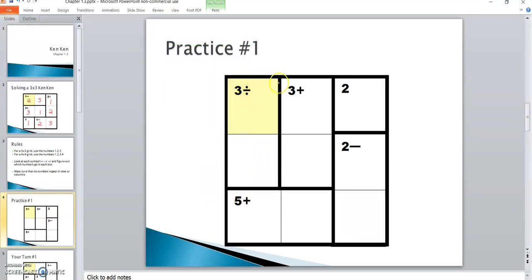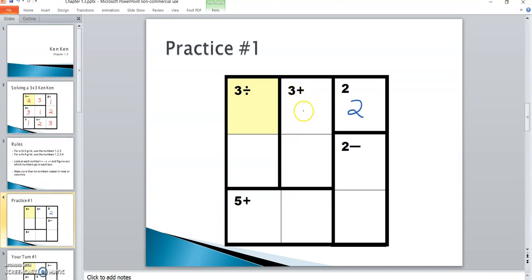The best strategy is to look at each of these rectangles and see if there are any ones by themselves. So any single squares. So right here is the number 2. And I'm going to look at this next box right here. The two numbers have to add to 3.